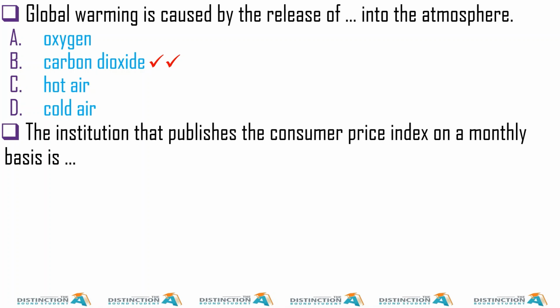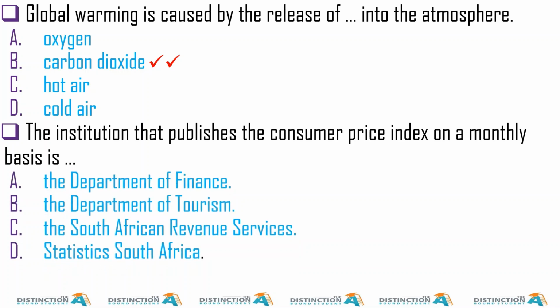The institution that publishes the CPI on a monthly basis is known as dash. CPI is our consumer price index, and that is a basket that measures the cost of living. And on a monthly basis, Stats SA will publish this. So the answer is Stats SA. That will be D. It can be the Department of Finance.